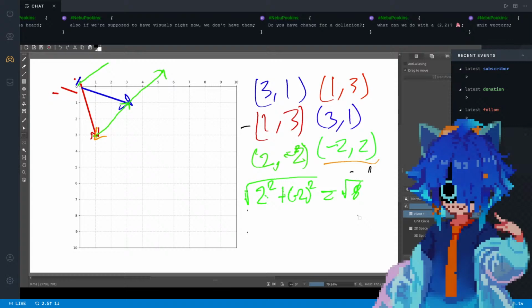And then if we find the unit vector associated with this vector, that'll give us 0.7, negative 0.7. So we now have a short vector that points in the direction of this vector. So we can scale it and find some vector of that length.